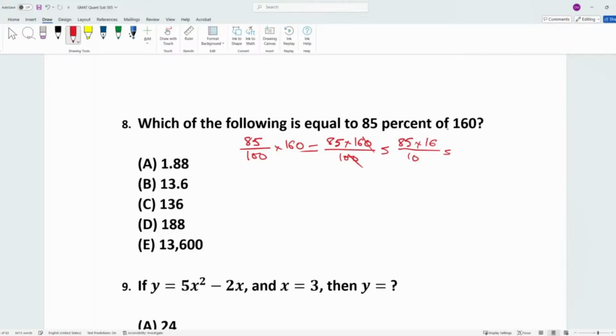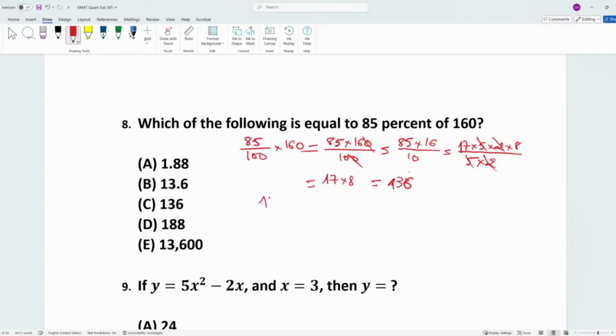We can also write this as 85 is equal to 17 times 5, 16 is 2 times 8, and then 10 is actually 5 times 2. And then we can simplify like this. And then in the end, we're going to have 17 times 8, which is equal to 136.